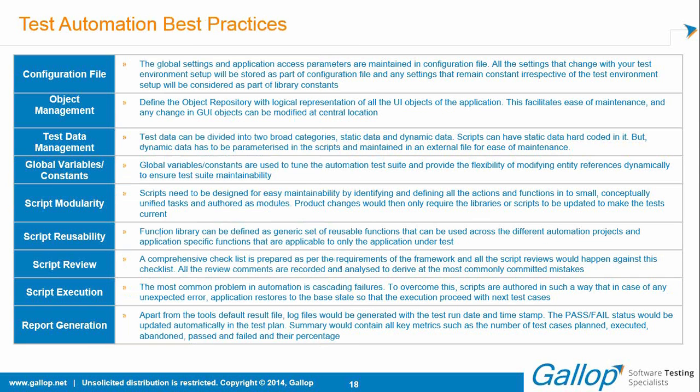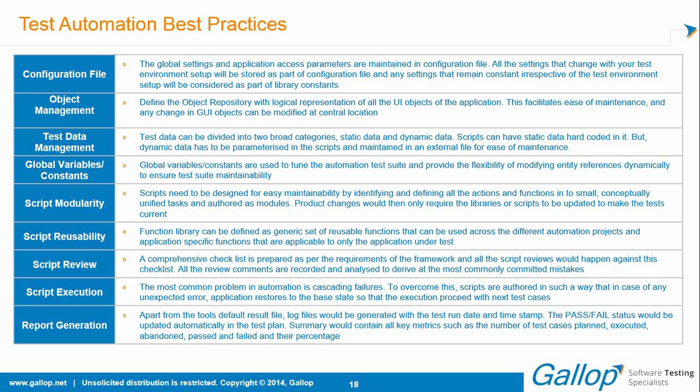There are some best practices which I have already covered. I have covered the configuration file, object management, test case management, test data management, and script modularity. I think most of you might know this.